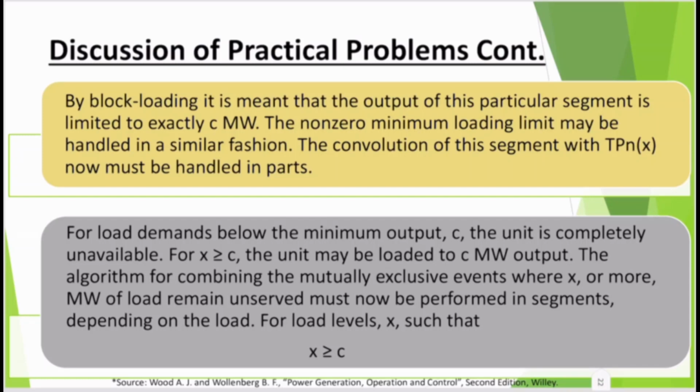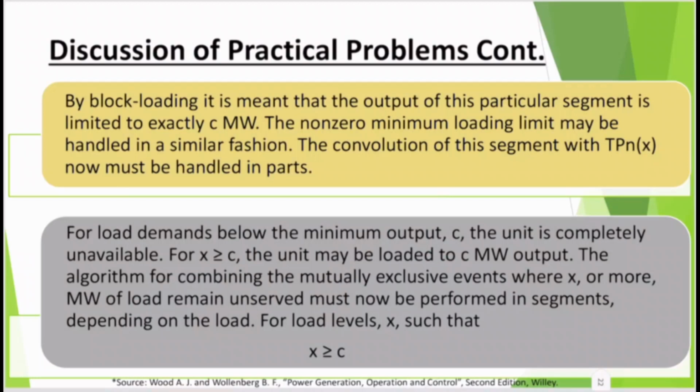The convolution of this segment with P_n(X) now must be handled in two different parts. For load demand below the minimum output, the unit is completely unavailable. The way we have explained, if the load is less than 40 megawatt, certainly this unit is not available for you. For X greater than C, the unit may be loaded to C megawatt output.